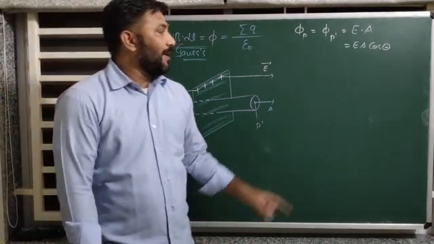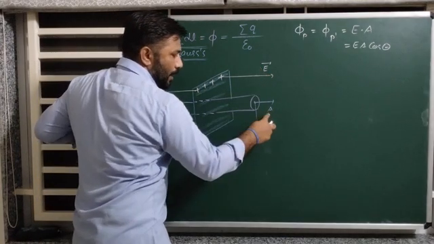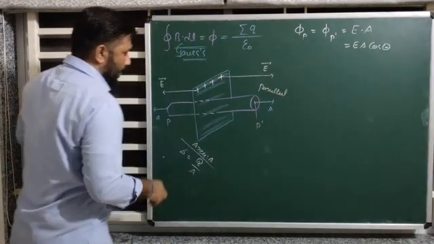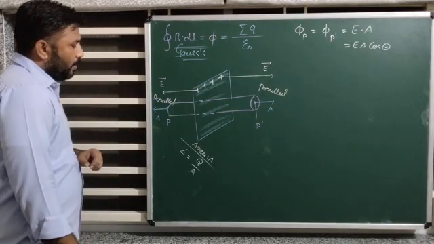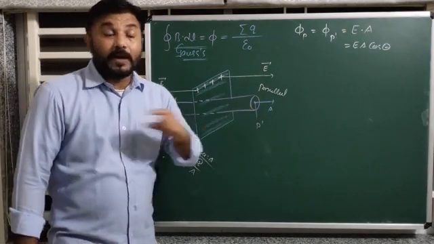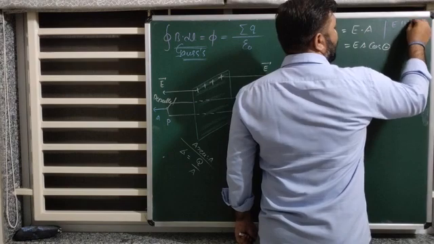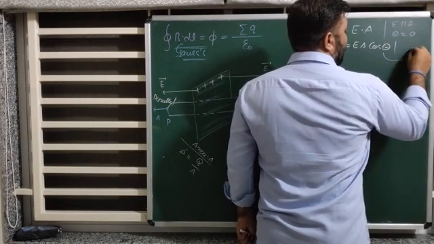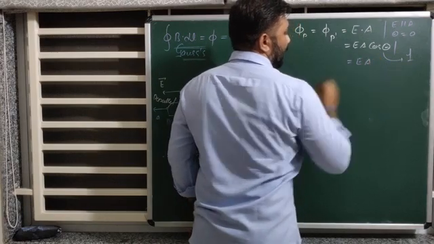Theta is the angle between E and A. At both sides, the electric field and area vector are parallel to each other. Because of this, theta is equal to 0, and cos 0 has value 1. So you will have the answer EA.